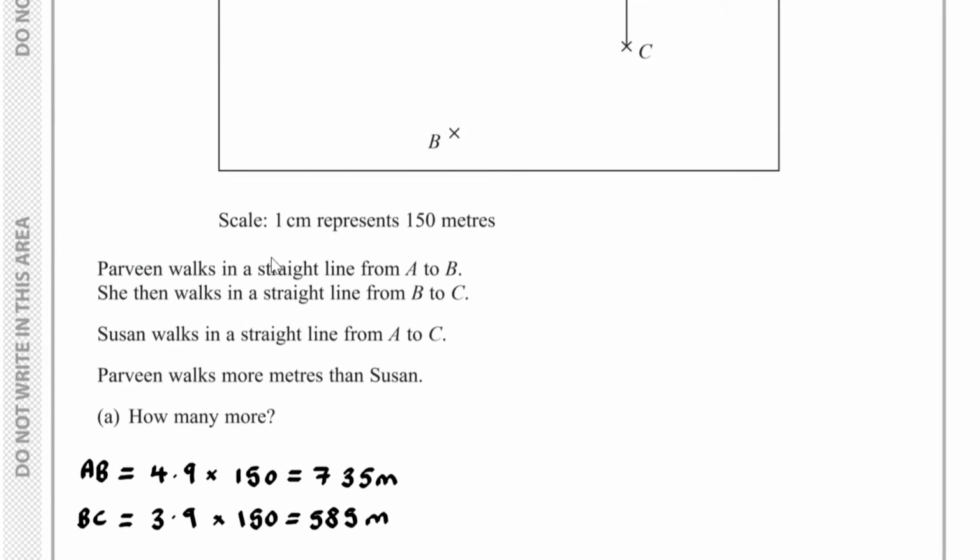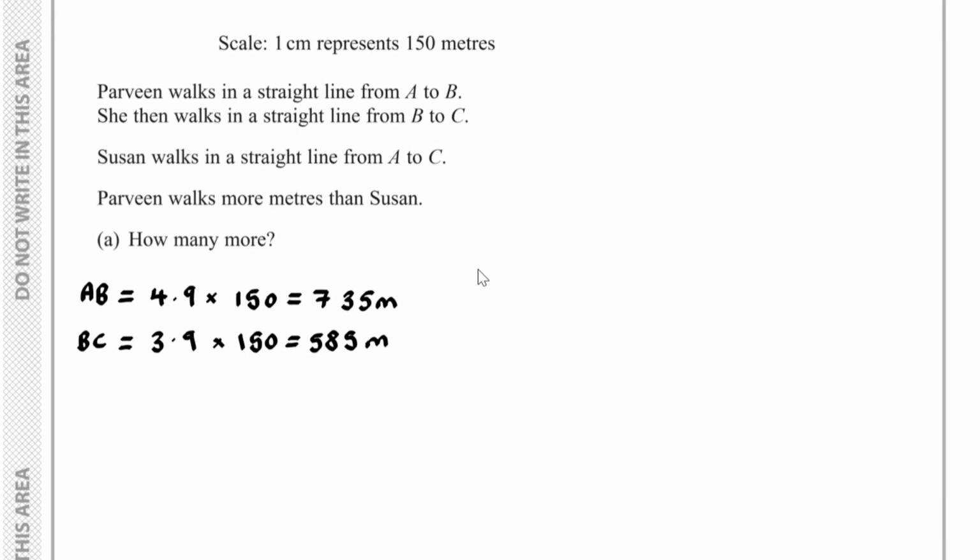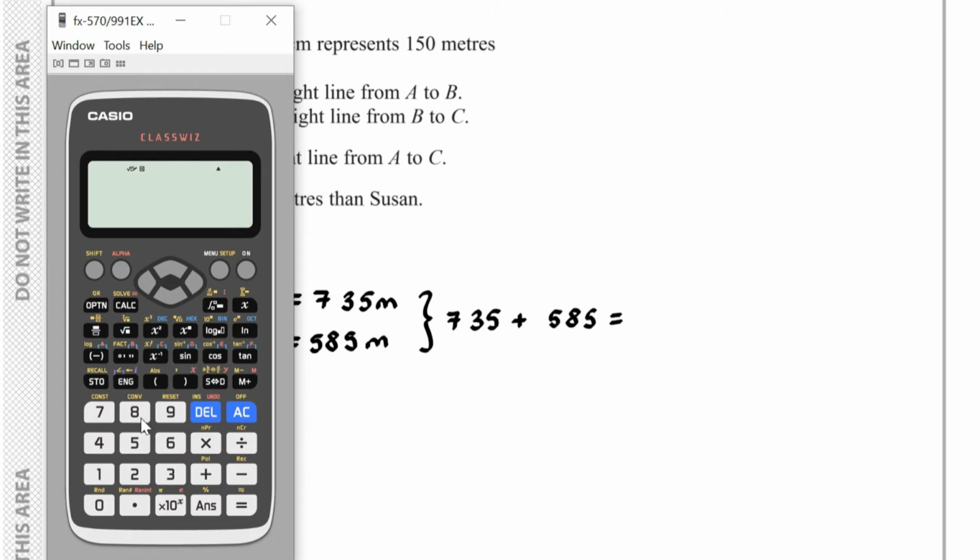So that's going from B to C. And so therefore, in total, we have 735 plus 585. It turns out we get 1,320 meters.